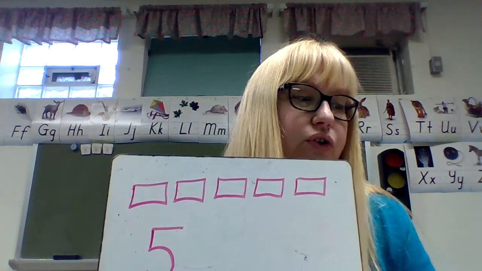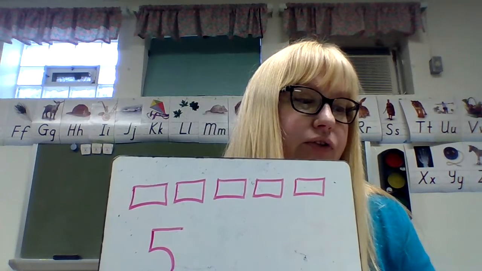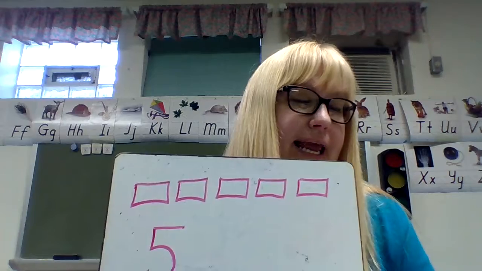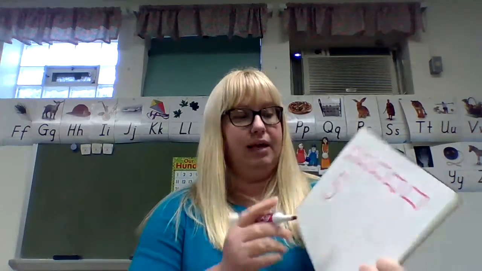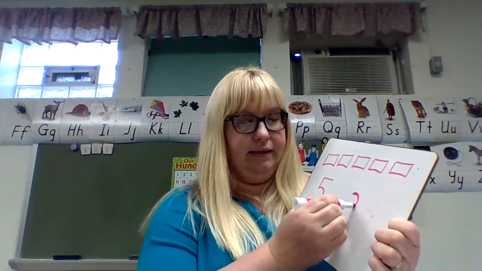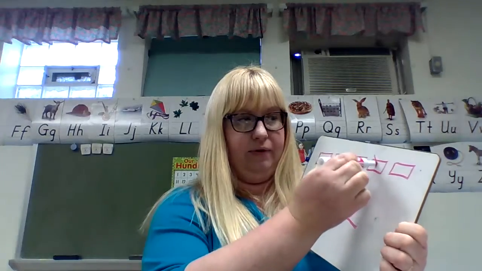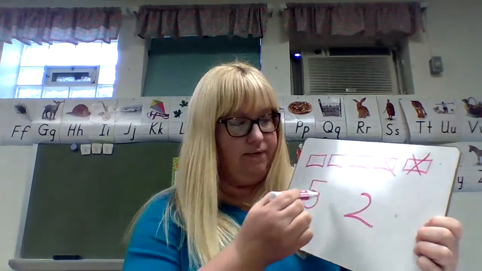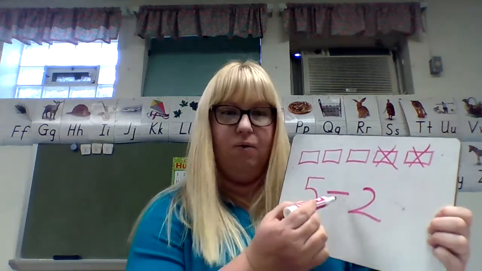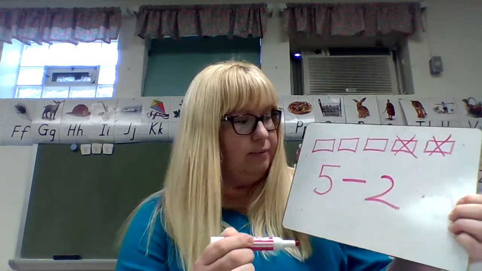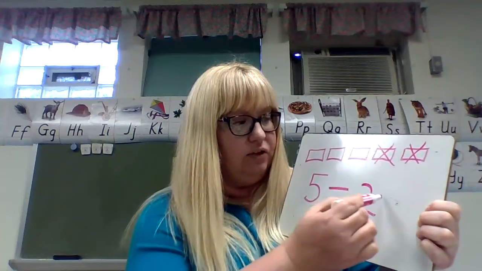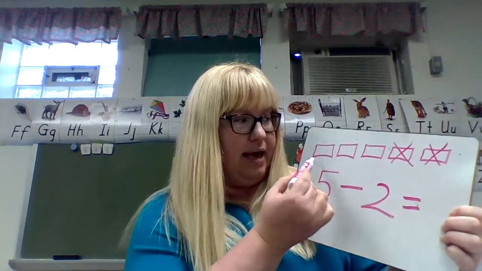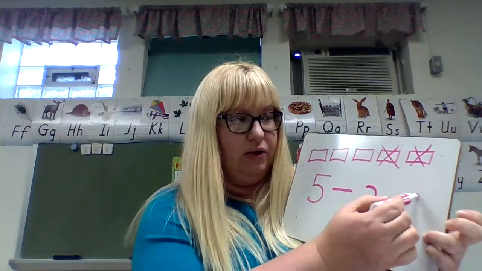She took 2 loaves of bread to a sick neighbor. So she gave 2 to her neighbor who was sick. She took 2 of them away. So you can put X's on those 2. So 5 minus, remember you're taking away, so using your subtraction sign. 5 minus 2 equals, how many did she have left? 3.